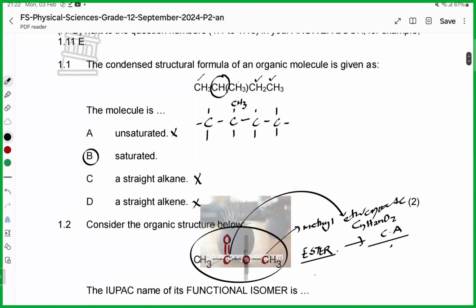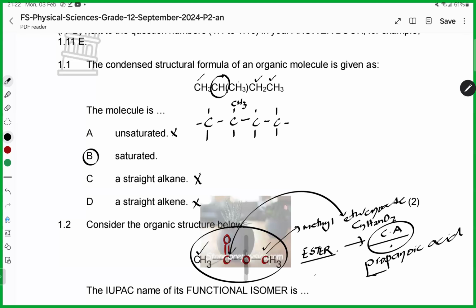So the functional isomer of this ester given is obviously going to be a carboxylic acid. We're looking for a 3 carbon carboxylic acid. A 3 carbon carboxylic acid without any branches in them, and there won't be any branches in this, is propanoic acid.